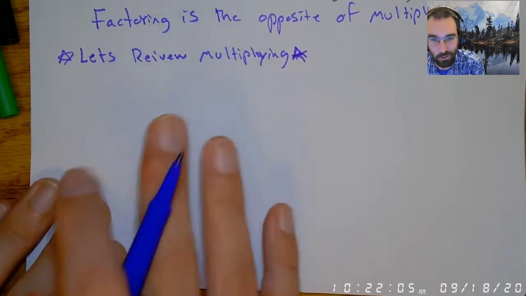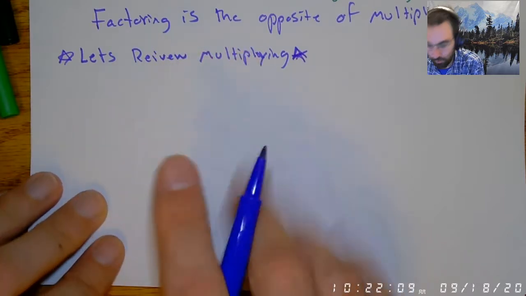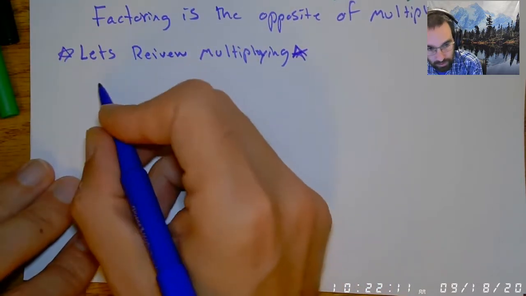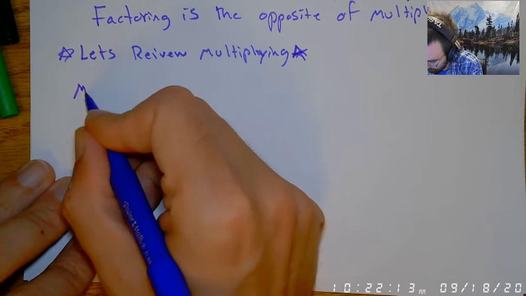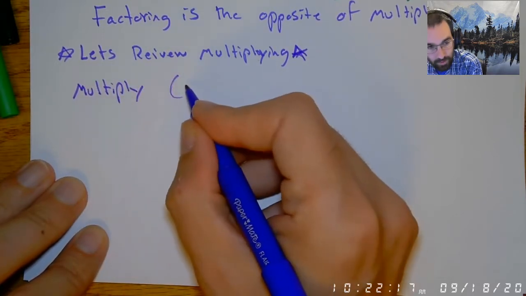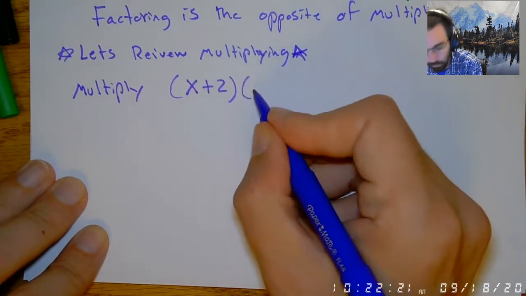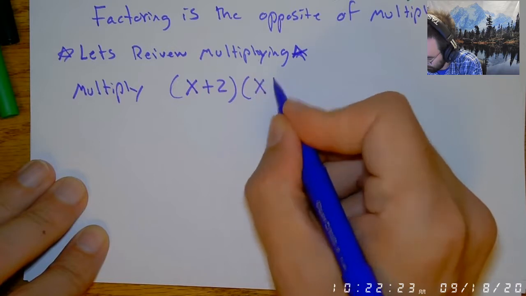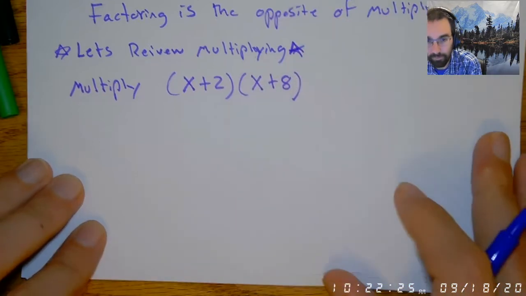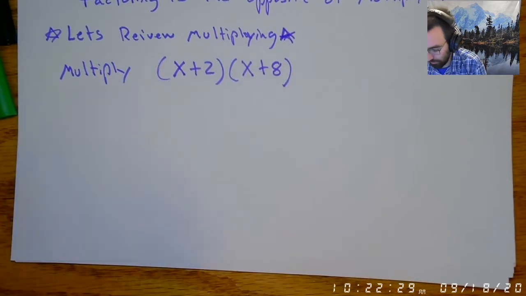And remember, whenever you do something backwards, it makes it way harder. So we've got to make sure we understand it moving forward. So let's do this. We're going to have the quantity of x plus 2, and the quantity of x plus 8. We want to make sure we know how to do this.